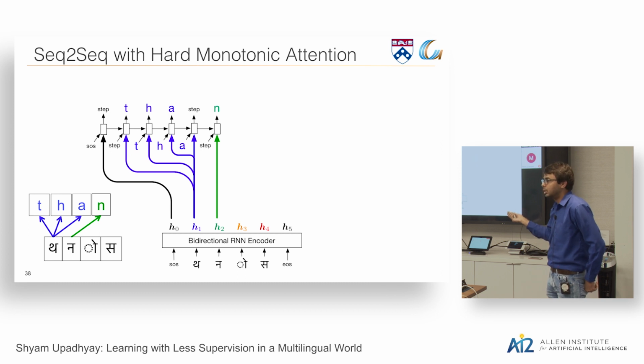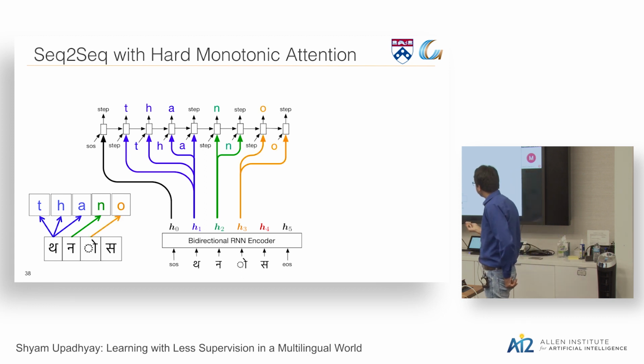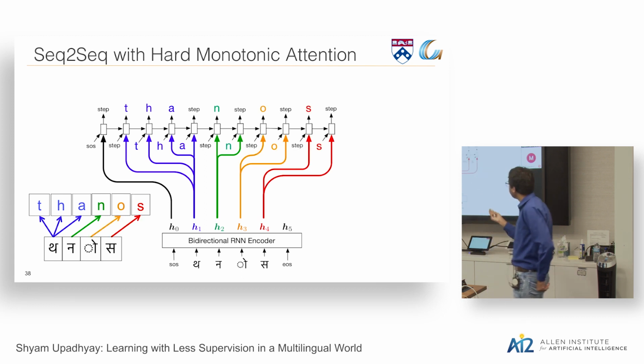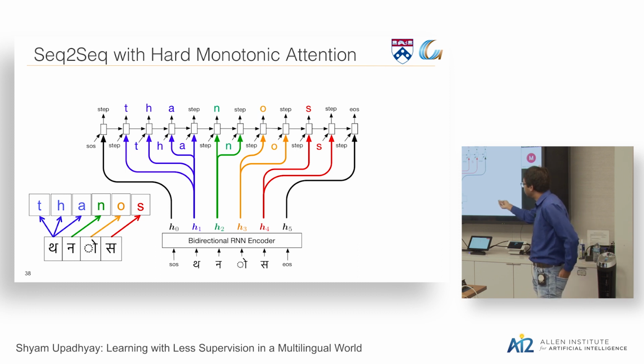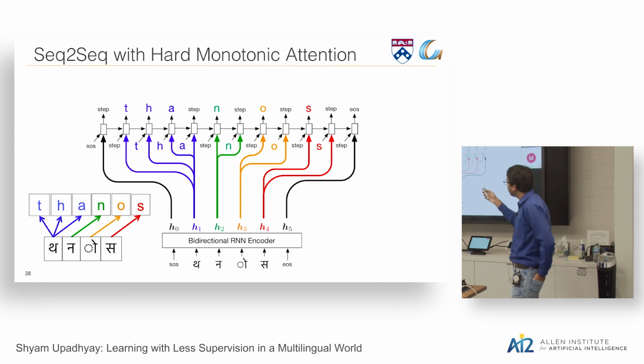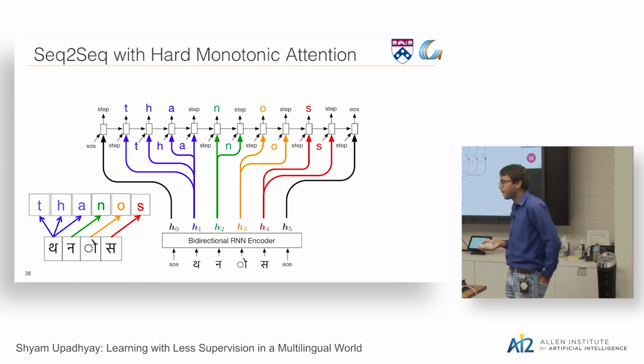That's when we move to the next input character. This way, we can transliterate Thanos written in Hindi into Thanos written in English. Because the motion of the step action is always either staying at the same position or monotonically increasing, this will ensure that the generation will always be monotonic.